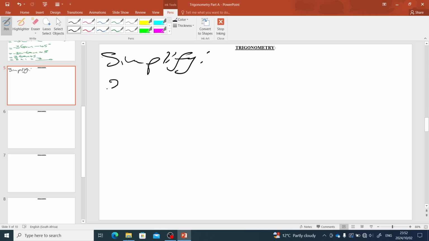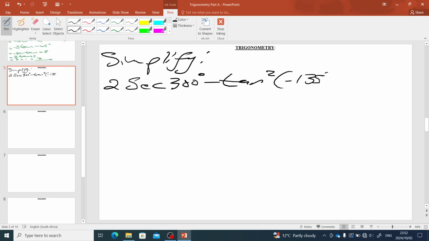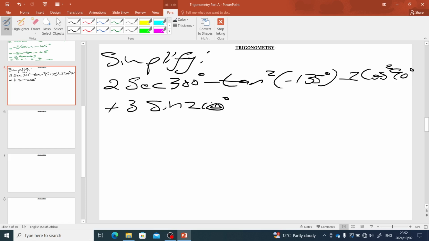Again we are given 2 sec 300 degrees minus tan squared, open bracket, negative 135 degrees, close bracket, minus 2 cos squared 90 degrees plus 3 sine 210 degrees. They want us to simplify without the use of a calculator.